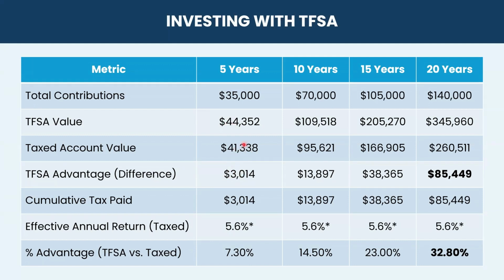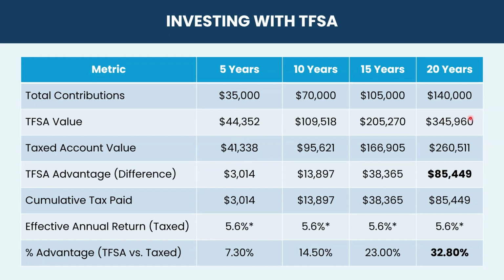If I had left it in a savings account, I would have lost this same $3,000 to taxes, because you are taxed on money that you earn within your savings account in any financial institution, as long as it is not saved in a registered account. So in 5 years, I've taken advantage of the TFSA to gain $3,000 on top of my money that has been growing in my TFSA. So that's how I came about this difference and the new value of $44,000.